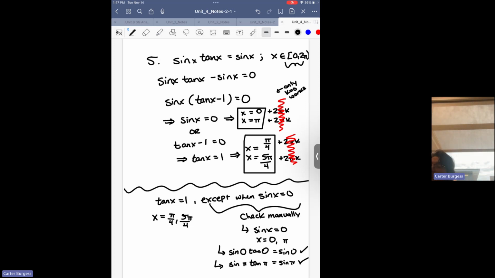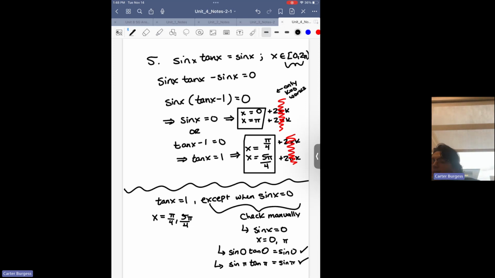For instance, sine of x times cotangent of x equals sine of x would give you 0 times undefined equals 0, which is not something that we can parse, because cotangent of 0 is undefined. So you would want to check whenever you divide by sine, whenever you divide by cosine. And you can get away with just never dividing by sine and never dividing by cosine.